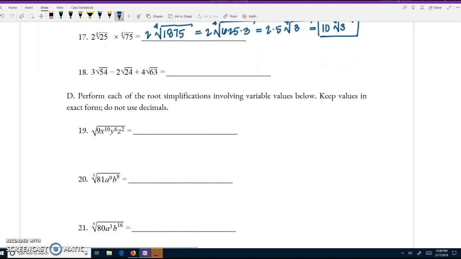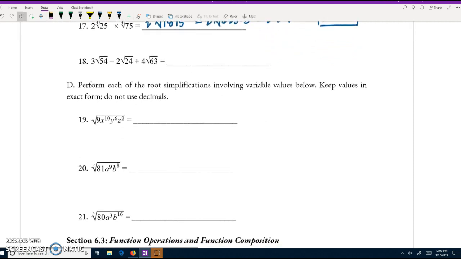And then the last one in this section brings us back to some square root operations. So again, we're looking for what perfect squares are in each of the values that we're given. So 54, we can break apart based off of what perfect square will divide into that number.